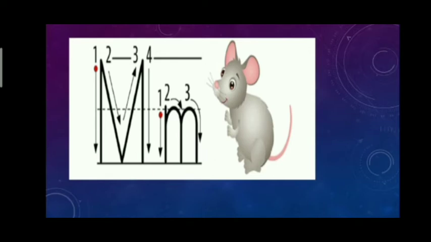You can make them easily by looking at the numbers and the arrows carefully. Small m, always start with the red dot and observe the numbers and arrows carefully. Standing line, curve and bring it down. Then a curve, then bring it down.